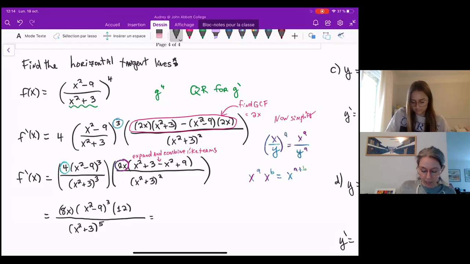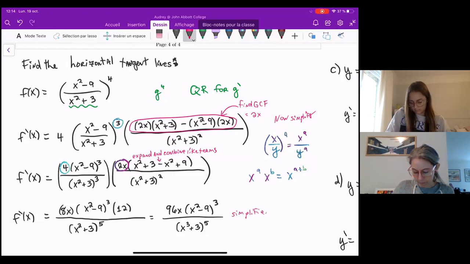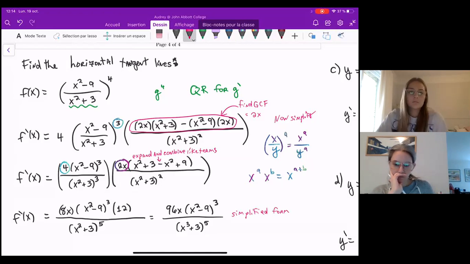And then the last thing I can do is multiply that 12 times 8, so I'll have 96x times (x squared minus 9) cubed all over (x squared plus 3) to the 5th. And this is my f prime of x. This is the simplified form. Are there any questions about that simplified form? About how we got there?